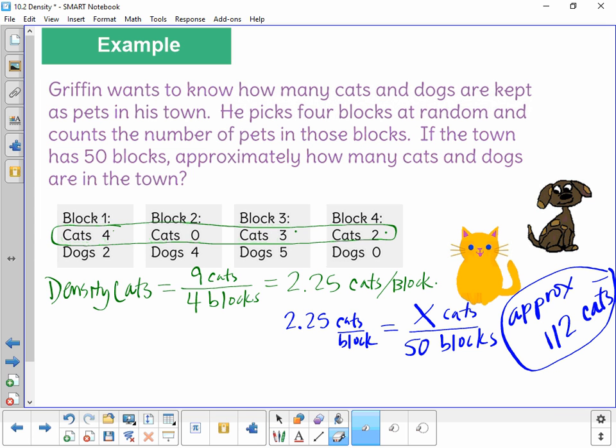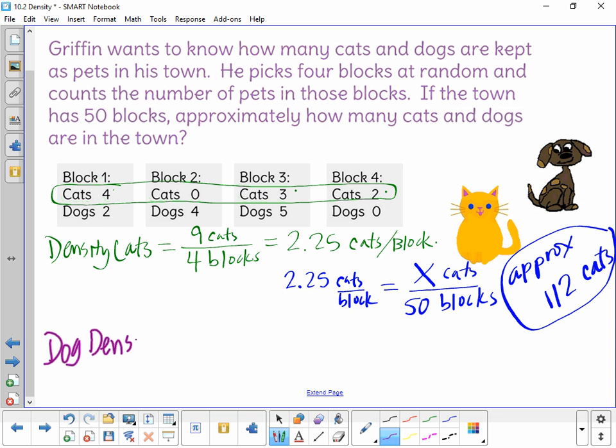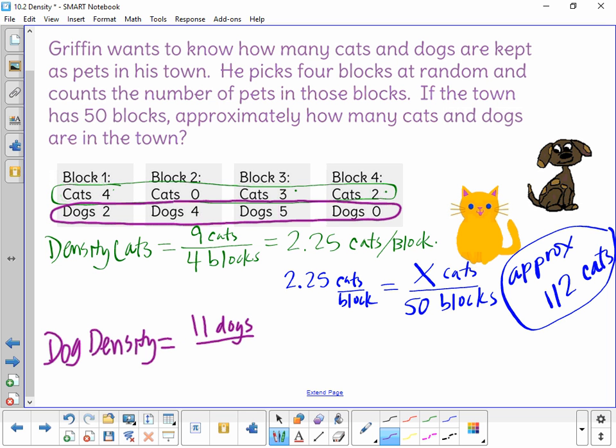And we could do that same thing for the dogs. The dog density would be the number of dogs. Well, in this case, we've got 2 plus 4 plus 5 is 11 dogs per our 4-block sample.